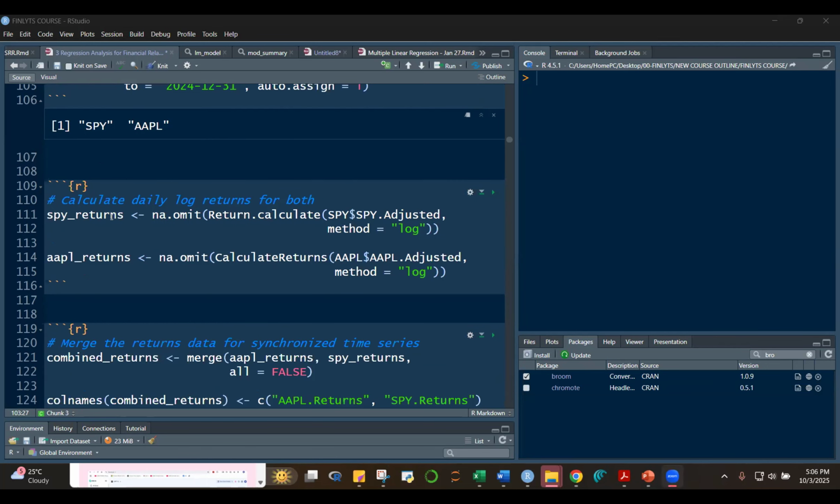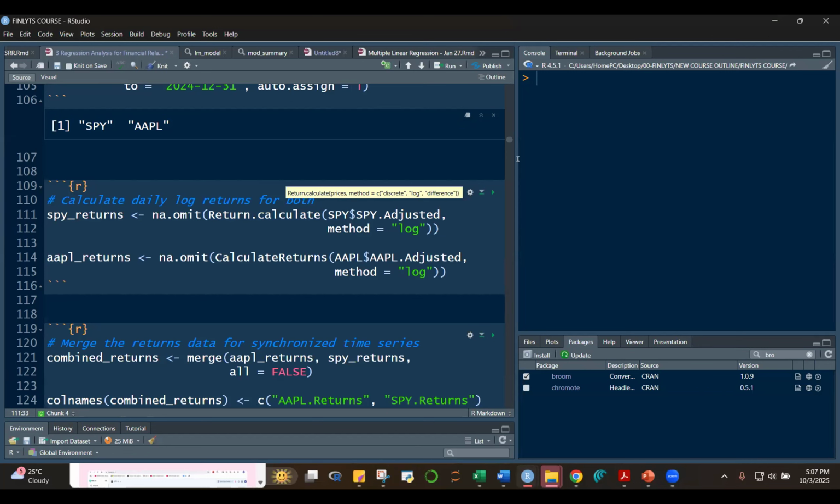Okay, thank you. Now let's generate the returns, class. Let's create this object SPY returns. Here we're using return.calculate. You know that this is from PerformanceAnalytics. We know that it will generate an NA at the first row, class.